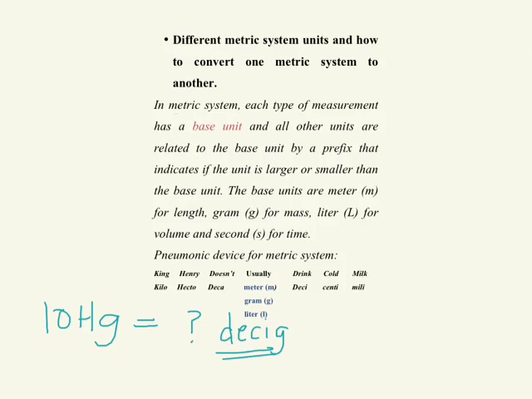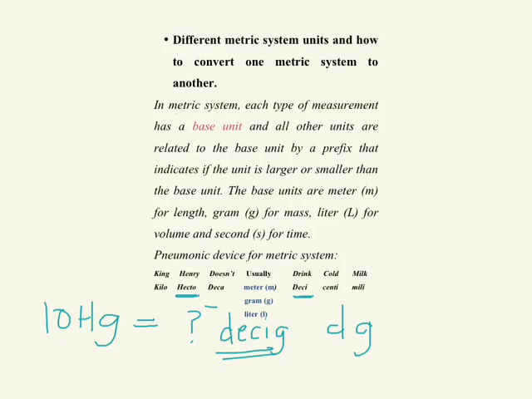For deci, we use dg, so we can say 10 hg equals how many decigrams. Again, where is hecto? Hecto is here. Where is deci? It's here.